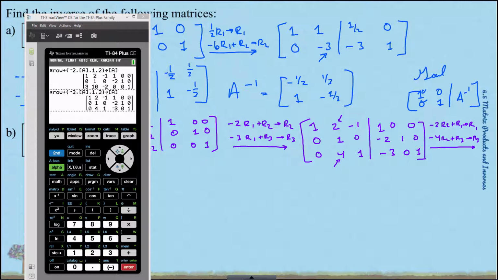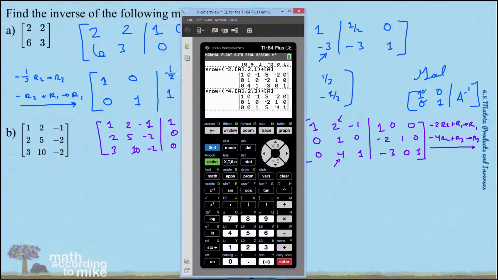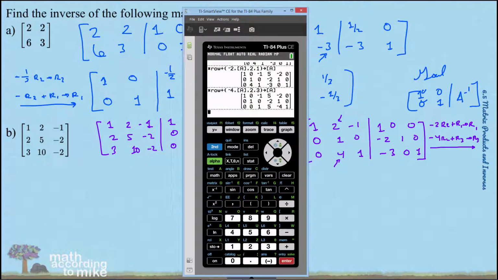So again, those are both star row plus commands. Again, pause the video, see what you can do. You will see the result on the calculator right there. I'm going to move this over. Sorry about that. Let me copy this down.